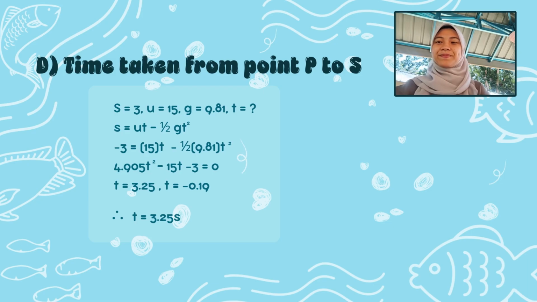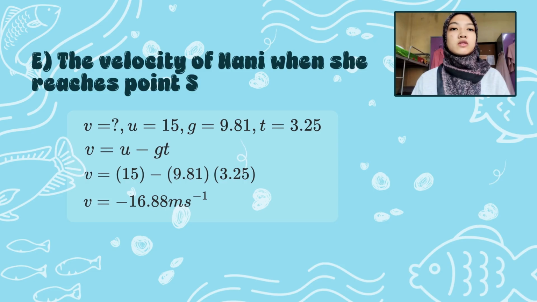3.25 seconds. Question E. Find the velocity of Nani when she reached point S. In this question, we have U equal to 15, G equal to 9.81 and T equal to 3.25, and we want to find V. So we use the formula V equal to U minus GT.